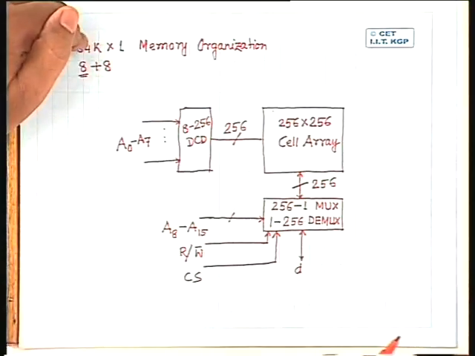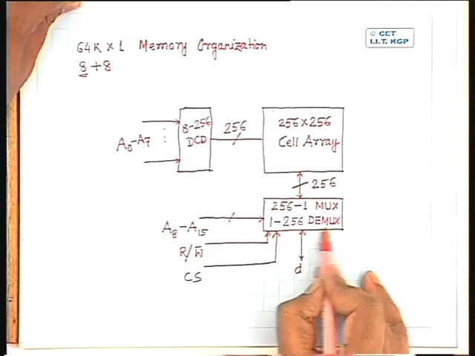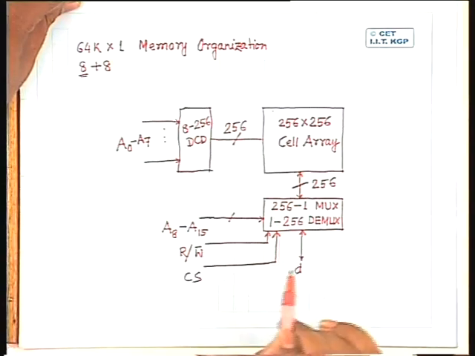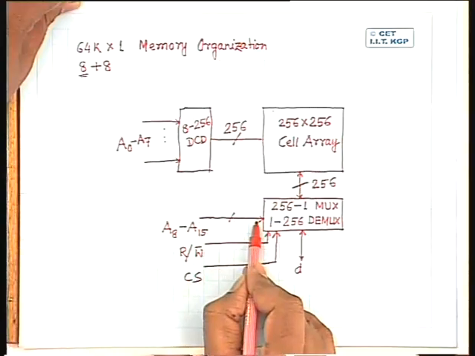Similarly, for writing operation, I am selecting an entire row, but the data will reach only that particular cell which is selected by this 1 to 256 demultiplexer. Again, the selection of a particular cell through this demultiplexer will be done by the column address lines.